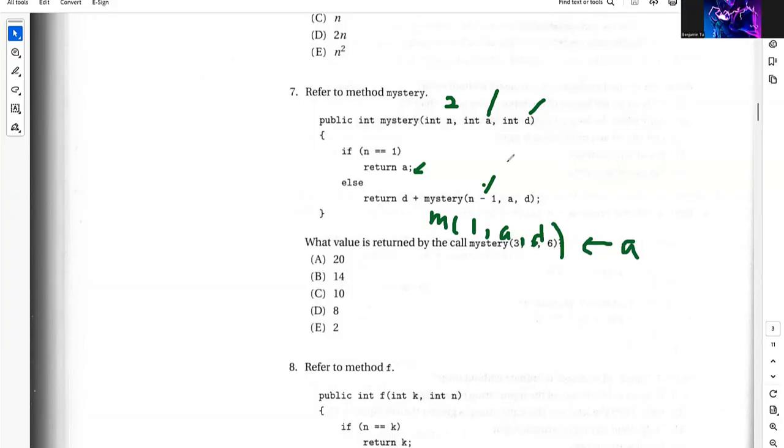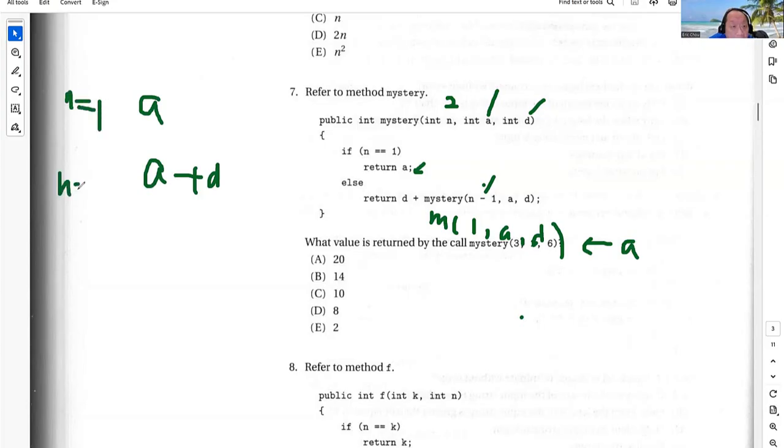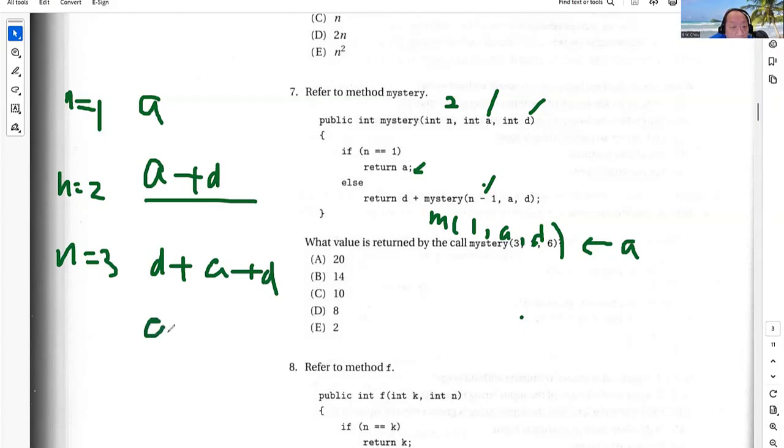So n equals 2 is a and a plus d. Then n equals 3 is d plus n equals 2, so it's actually a plus 2d. So n equals 4 should be a plus 3d.